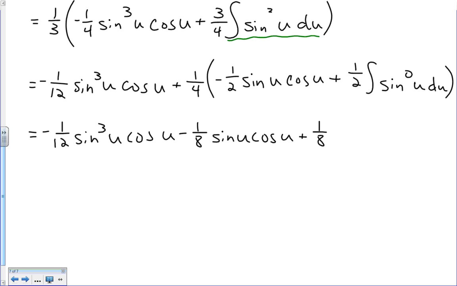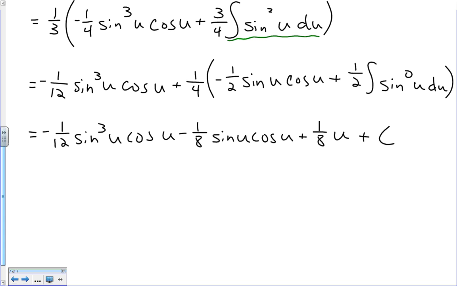Again, anything to the 0 power is 1, so the antiderivative of 1 is just your variable. The differential here is du, so our variable is u. So if it gets down to the 0 power, that's nice. I don't have to remember the rules for my integrals of trig functions. And then, of course, we have a plus c at the end.